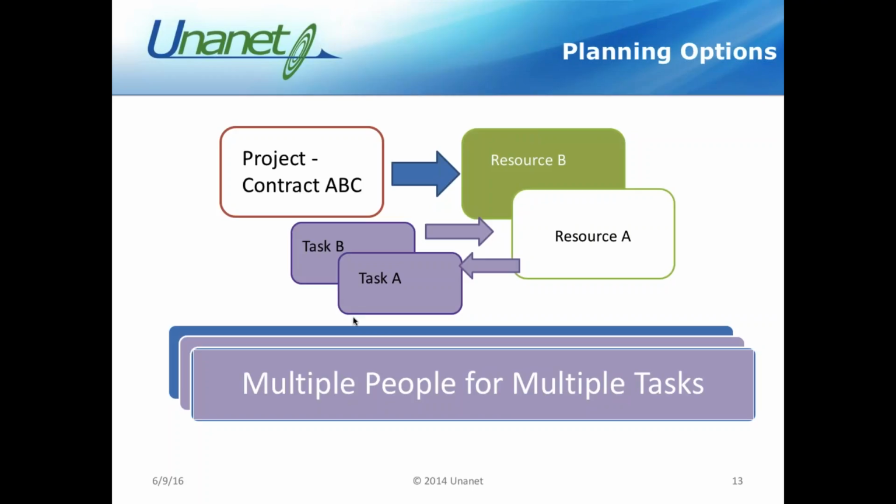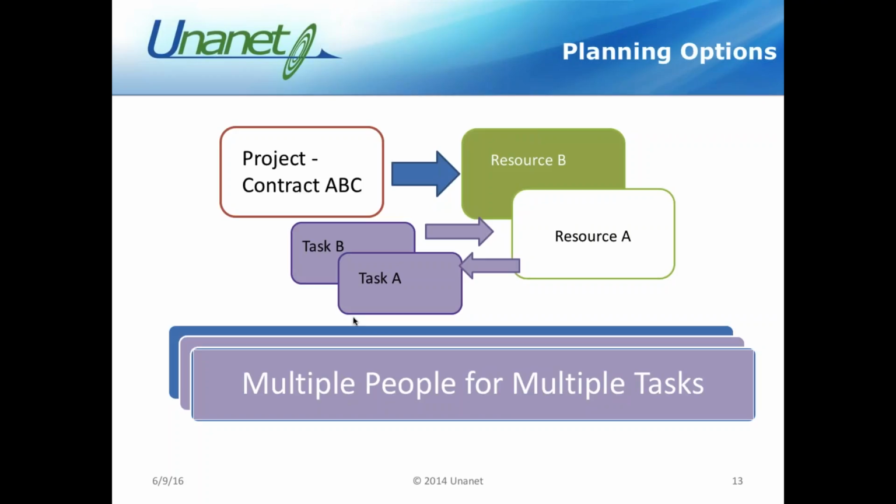So there are a lot of different options, levels of planning, and levels of granularity for your planning. My recommendation is to think about the level at which you want your users to charge time. Do you want them to charge time at a lower task level, or at a higher task level? Because you can certainly have a hierarchy of tasks.